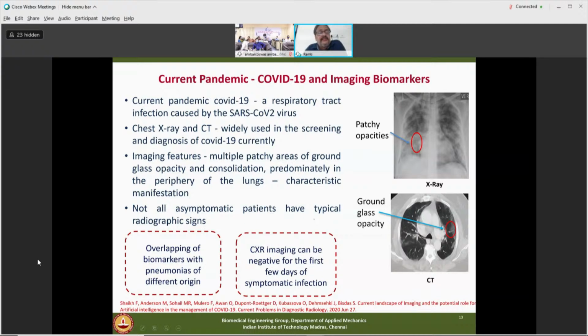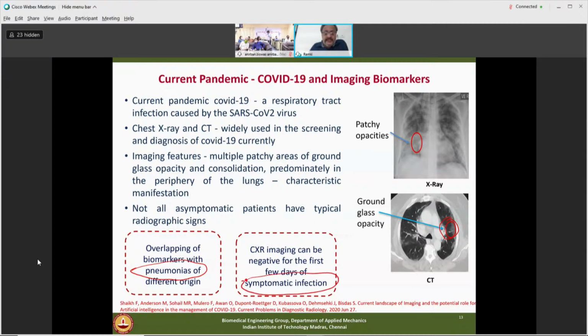If you look at the imaging features, there are patchy areas of ground glass opacity, and consolidation predominantly in the periphery of the lungs, characteristic of the manifestation. The problem is the overlapping of biomarkers with pneumonias of different origins. This overlap is a major issue in differentiating this pneumonia from the kind induced by virus. So this can be negative even for the first few days of symptomatic infection.